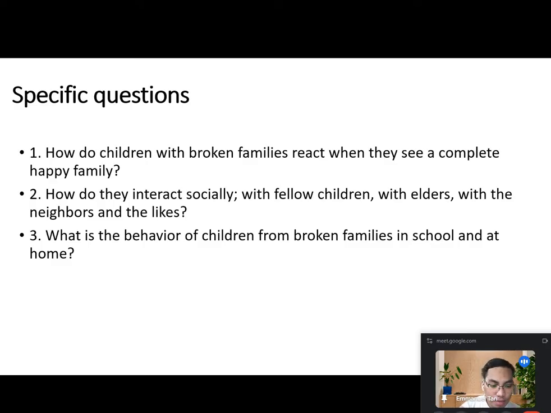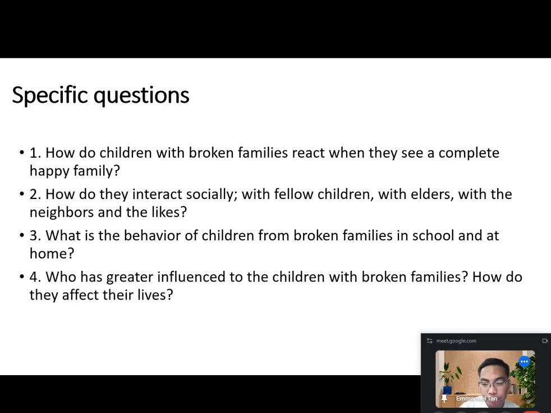But deep inside, ano naman yung kanyang behavior? Okay? What is actually the behavior of the children from broken families? Ano yung behavior nila sa school? Ano yung behavior niya at home? Mas malalim. Doon na siya nag-jive into the behavior. Next. Okay, tapos na yung personal perspective, diba? Yung reaction niya, yung interaction niya, yung behavior niya.